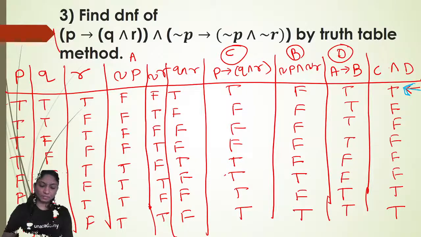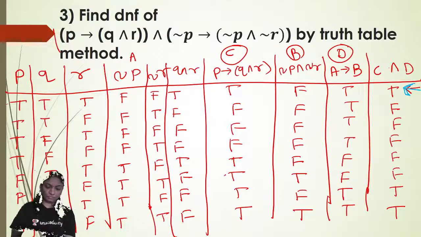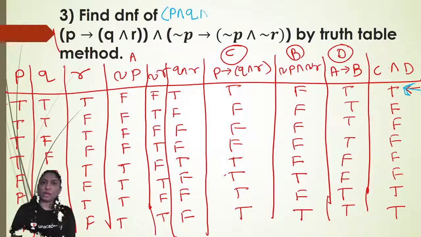Now you will get P. Right? First true value is here T. So DNF, disjunction of fundamental conjunctions. So P and Q and R. This is your T first.